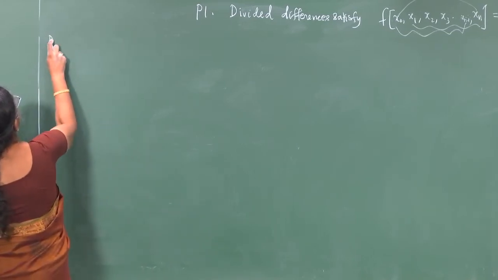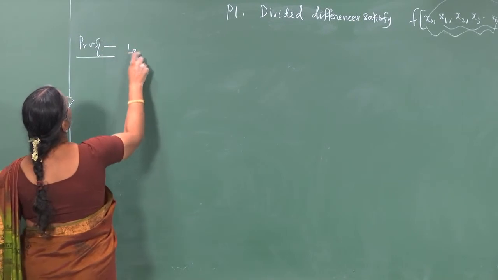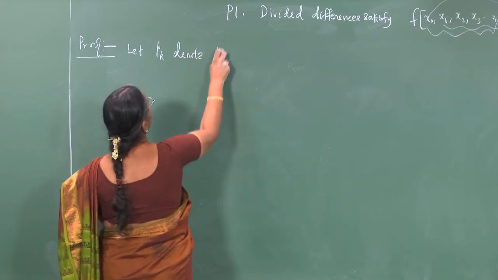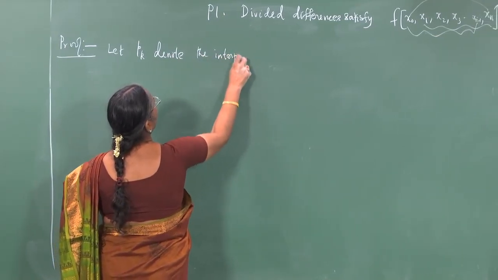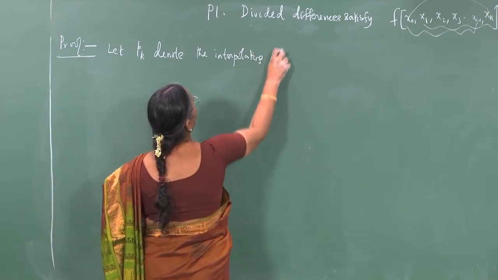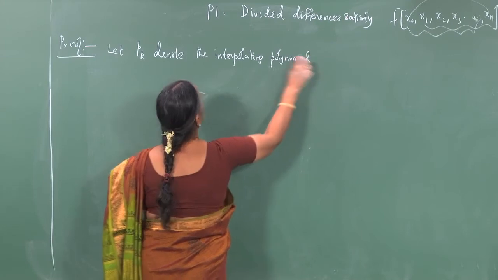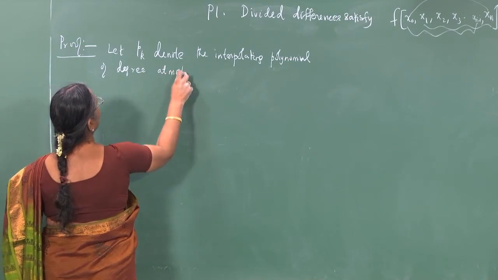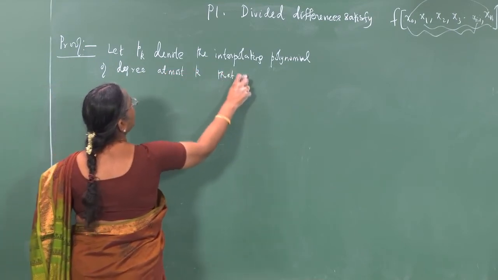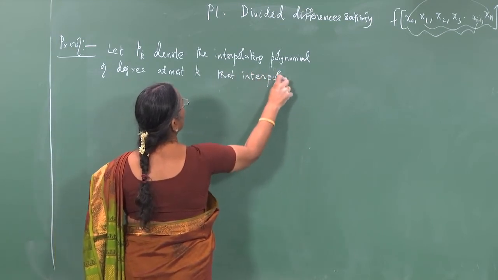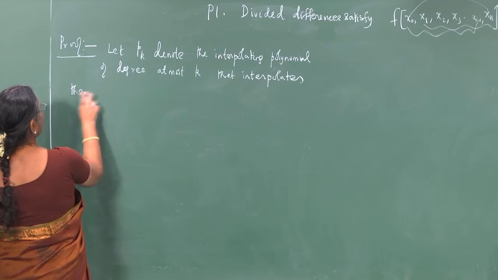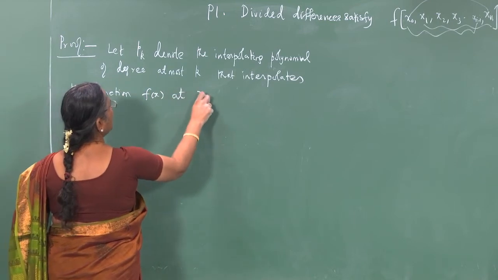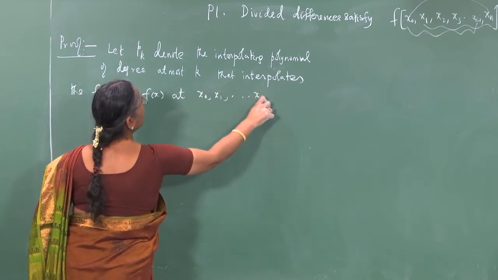To prove this, let Pk denote the interpolating polynomial of degree at most k that interpolates the function f of x at points x0, x1, etc., up to xk.